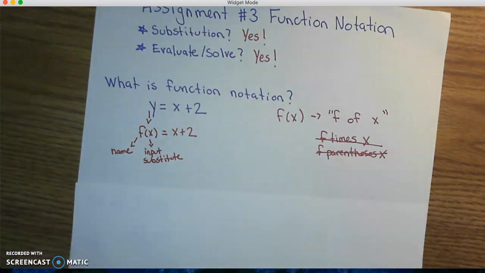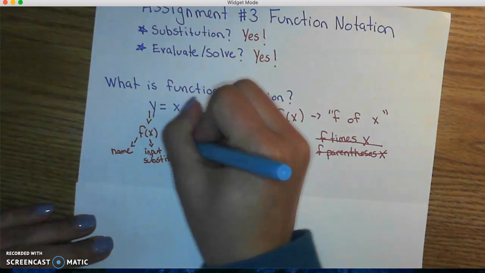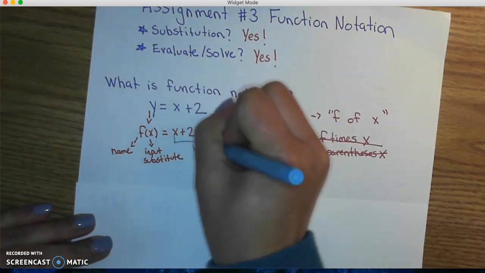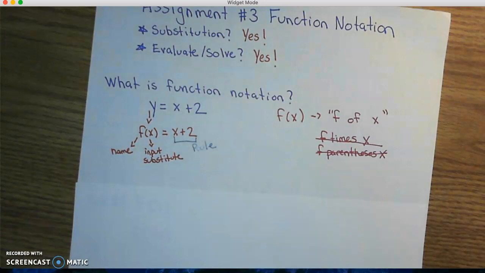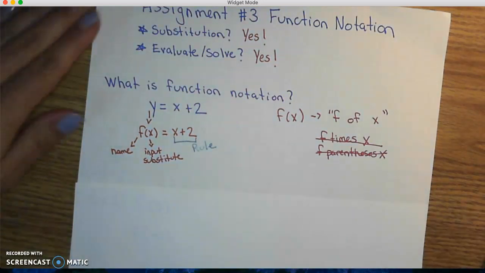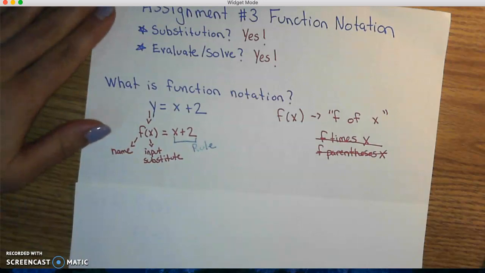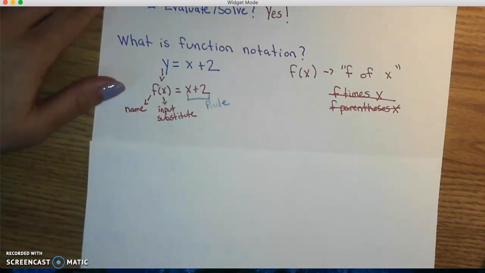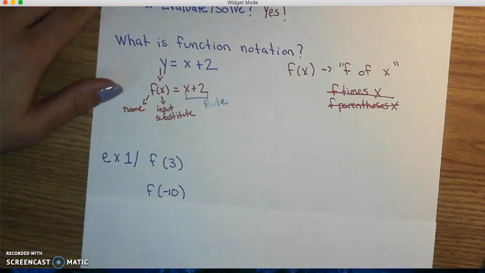And then the last part, x plus 2, this is just my rule. If you are confused, do not worry. We are going to do two examples right now that I think might help unconfuse you.